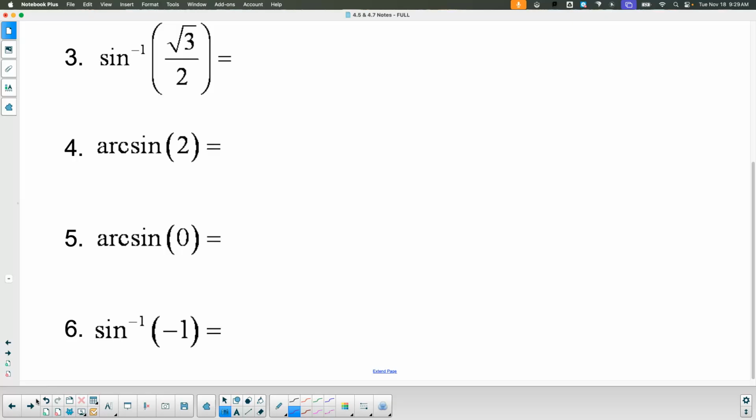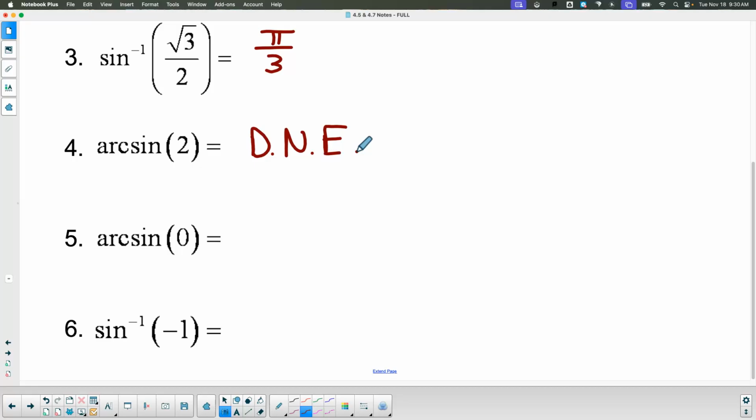Right side, unit circle, sine √3 over 2. I got pi over 3. Yes? Right side, unit circle, sine 2. Can't ever happen. It's got to be between 1 and -1. Does not exist.